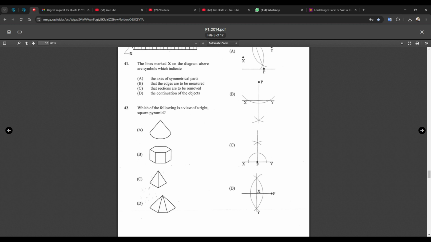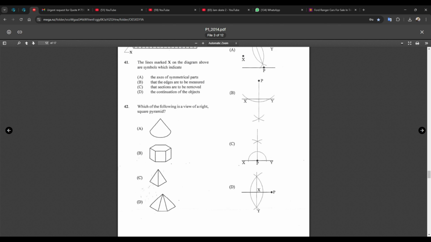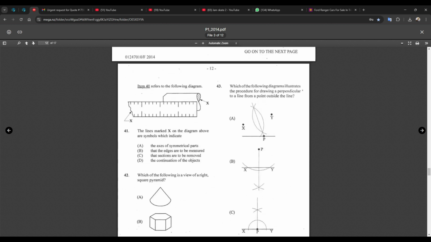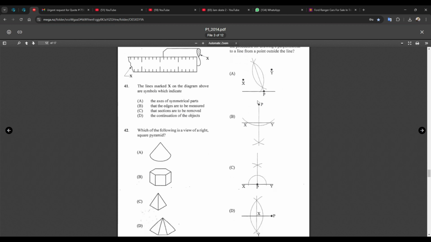Number 42, which of the following is a view of a right square pyramid? That's C. The base of the pyramid is actually a square. Number 43, which of the following diagrams illustrates the procedure for drawing a perpendicular to a line from a point outside the line?